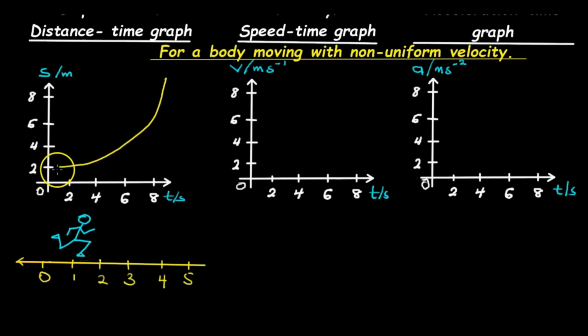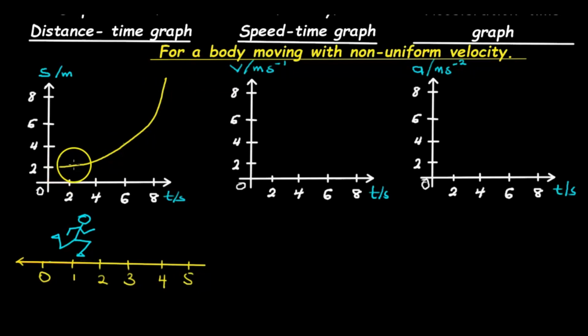So it is clear that from this point, from let's say time 1 to time 4, so for 4 seconds, the object only traveled this short distance from 2 to, let's say, 3. But then when you check from 6 to 8, from just 2 seconds, the object has traveled from 4 to 8.